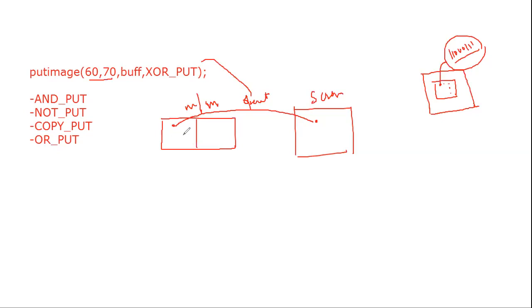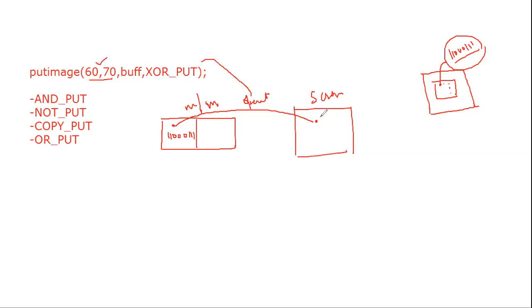Once you have used get image, the image will be available in the memory. Now you have to do the operation between the screen and the memory. So let's say you have 1 1 0 0 0 and 1 1 1. And I have placed this dot at this location 60, 70.